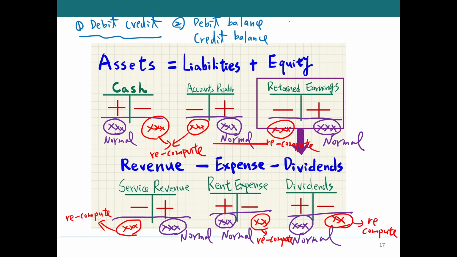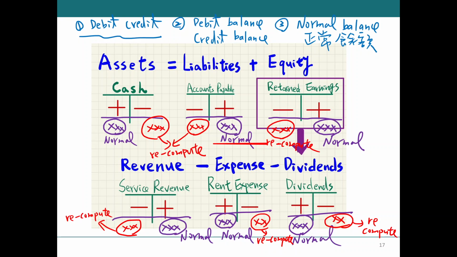Today, we mentioned the third new term. Normal balance, 正常余额. So you should understand what it means, normal balance. So that's the contents we have so far. Debit, credit. What does it mean, debit balance? What does it mean, credit balance? The third is, what does it mean, normal balance?